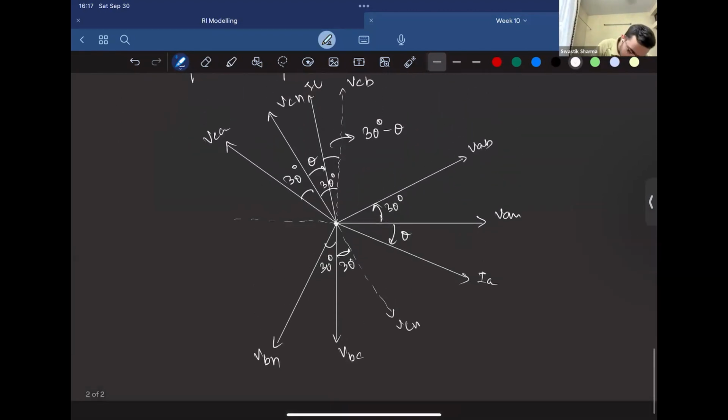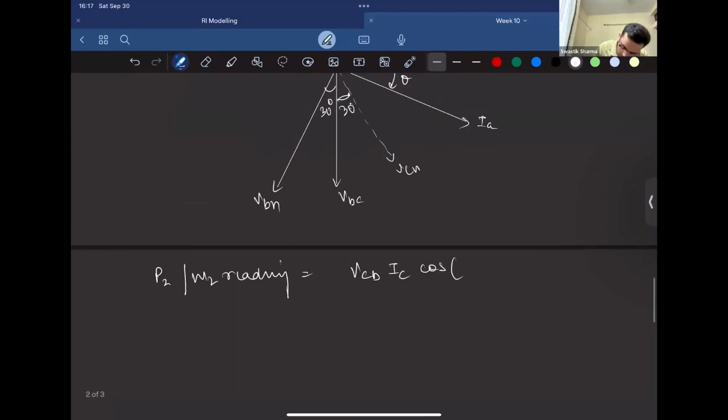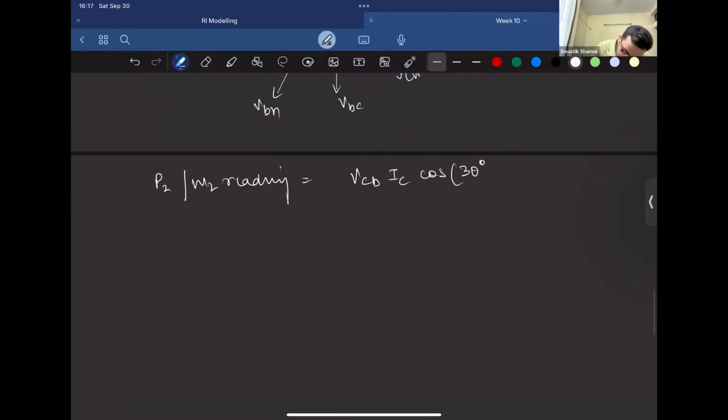So P2, or wattmeter 2 reading, would look like VCB times IC cos of 30 degrees minus theta, or we can write it as VCB IC cos of theta minus 30 degrees, right?